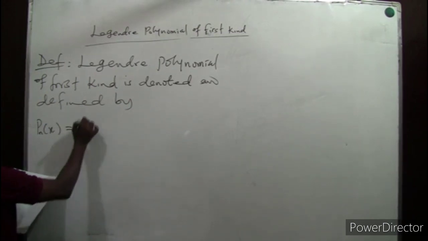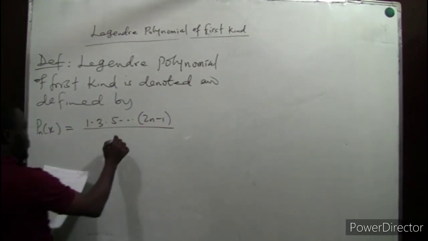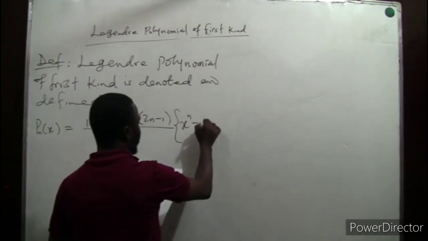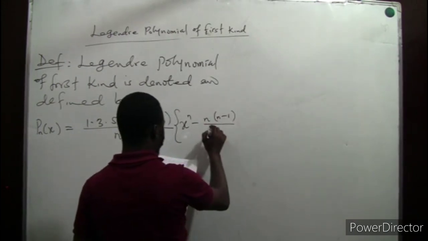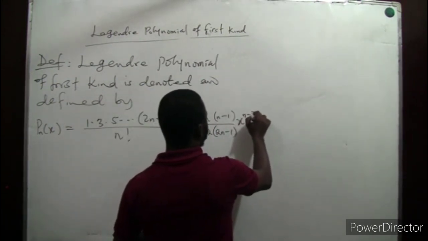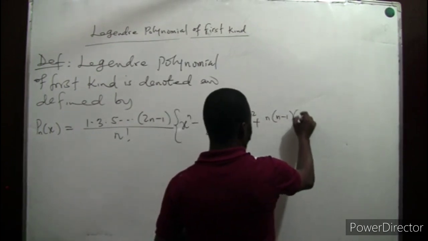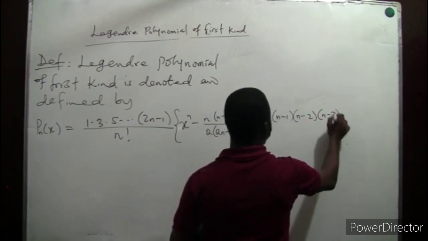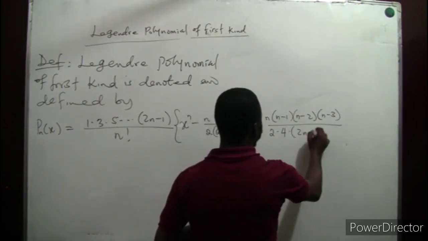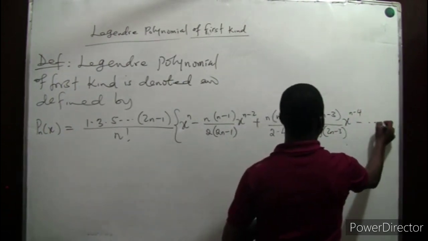Pn of x equals 1, 3, 5 up to 2n minus 1 divided by n factorial, and then we have x raised to the power n minus n into n minus 1 divided by 2 into 2n minus 1, x raised to the power n minus 2, plus n into n minus 1, n minus 2, n minus 3 divided by 2 multiplied by 4 multiplied by 2n minus 1, 2n minus 3, x raised to the power n minus 4, minus, it continues.